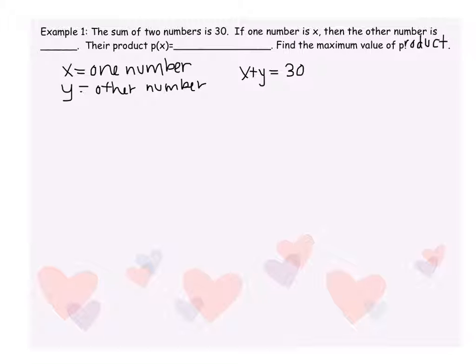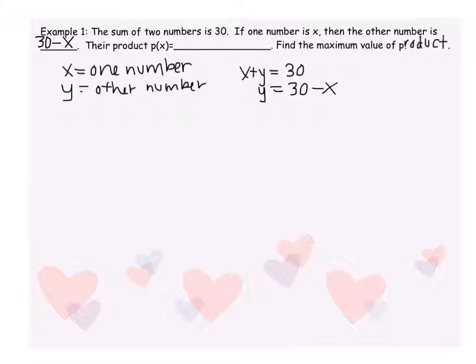So then to answer this second part of the question that says, then the other number is blank, well, let's write an expression for y in terms of x. And that just means take this equation and subtract x from both sides. So the other number is 30 minus x. That makes sense. Whatever's left over from 30 will be the other number.